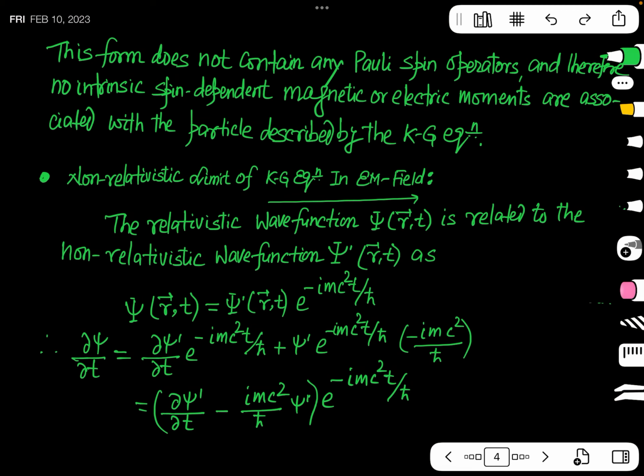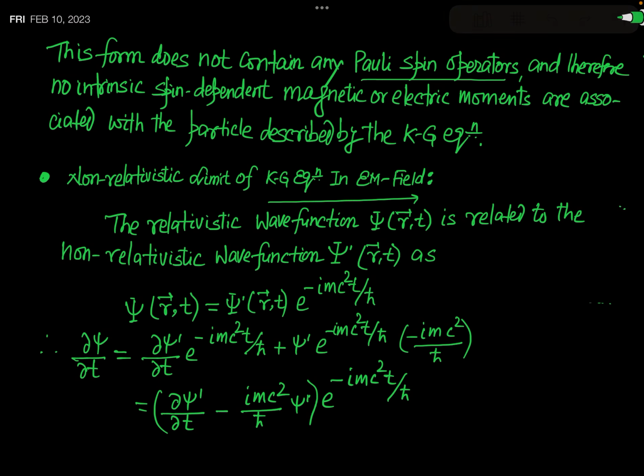I have mentioned it here. You can see that this form does not contain any Pauli spin operators, and therefore no intrinsic spin-dependent magnetic or electric moments are associated with the particle described by this KG equation.